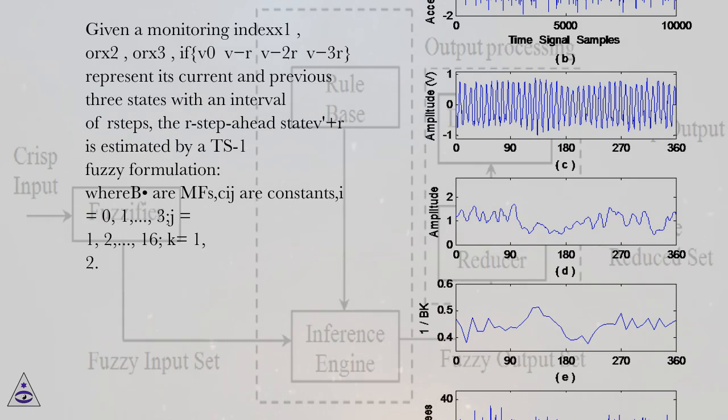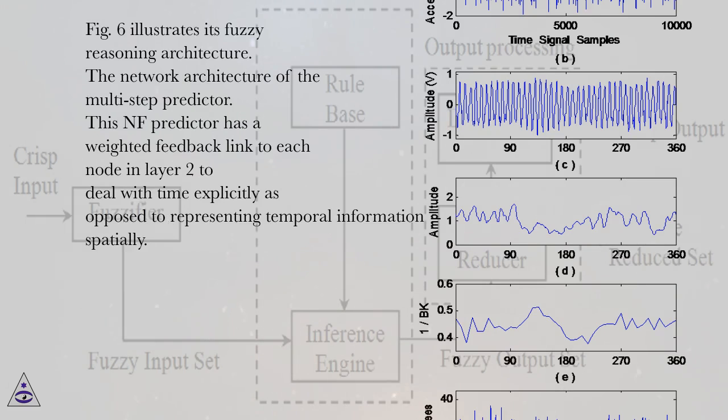Given a monitoring index, if the current and previous three states are represented with an interval of R steps, the R-step ahead state is estimated by a TS1 fuzzy formulation, where the BRMFs and SIG are constants, I equals 0, 1, 3, J equals 1, 2, 16, K equals 1, 2. Figure 6 illustrates its fuzzy reasoning architecture.